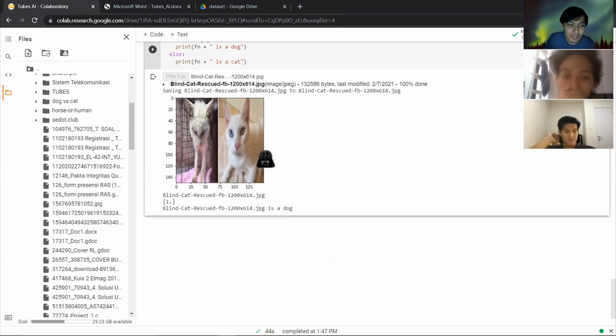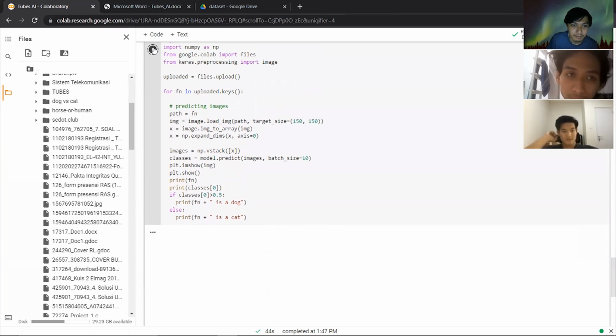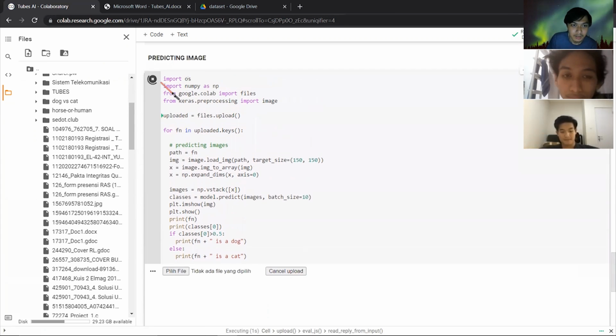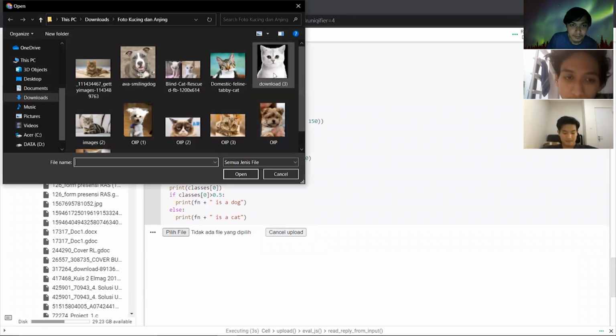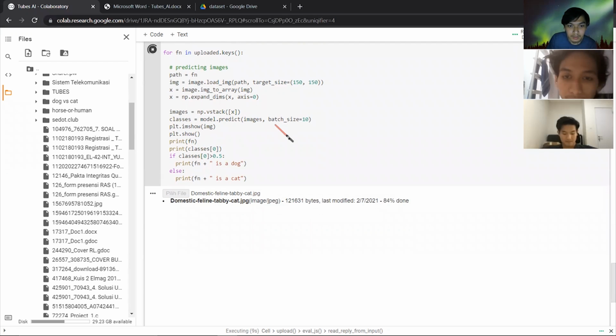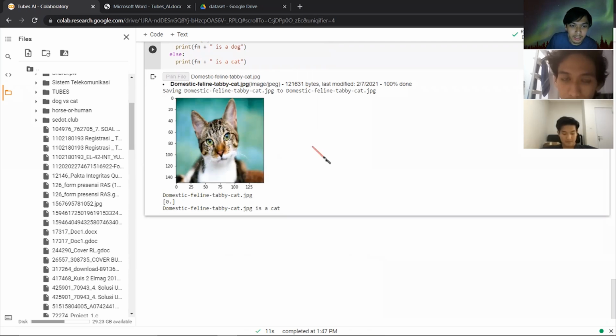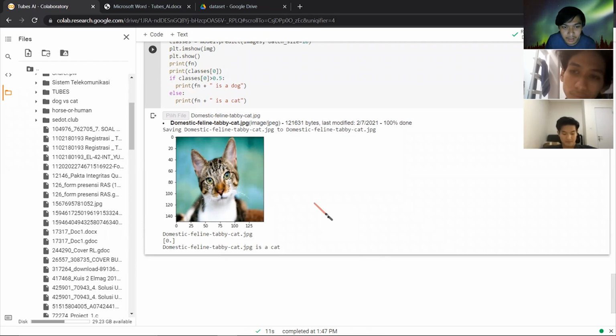This can happen because of overfitting. And then this example is a cat.